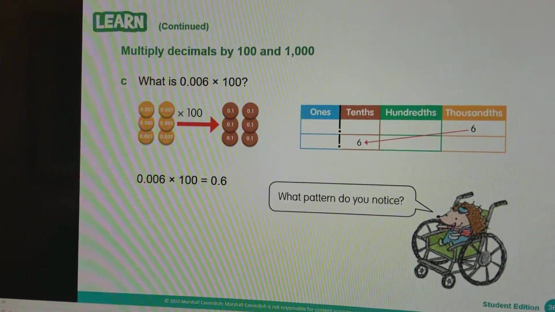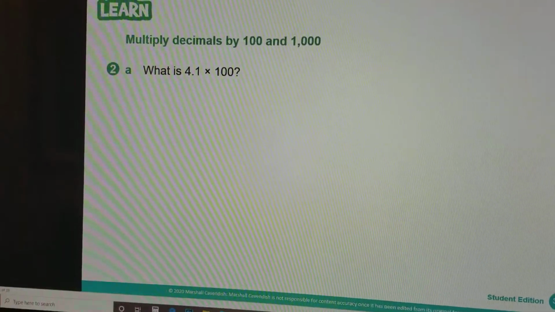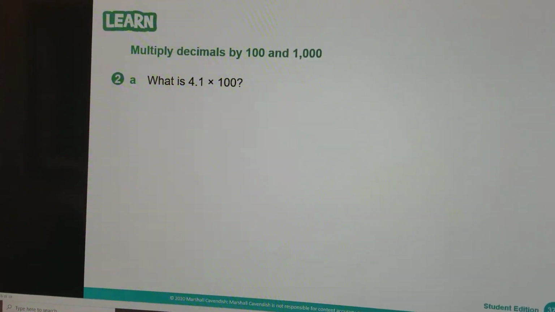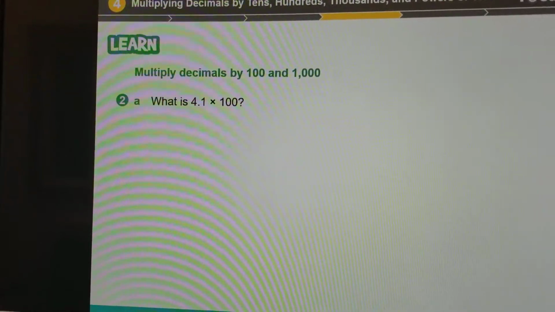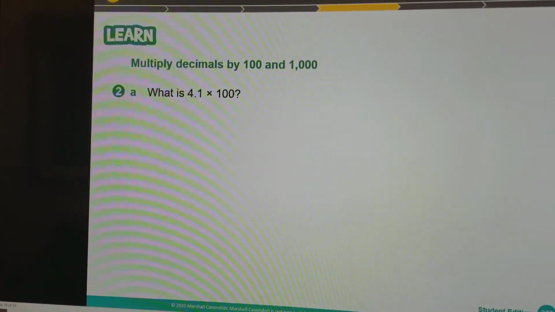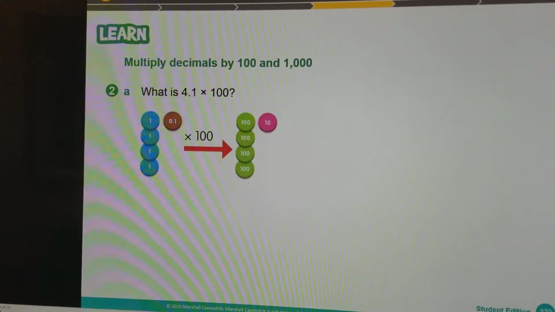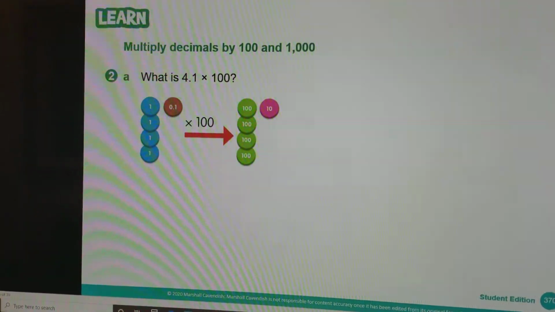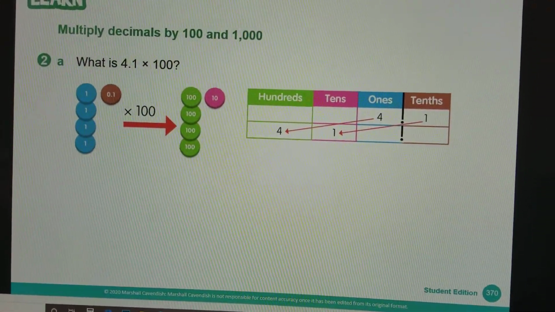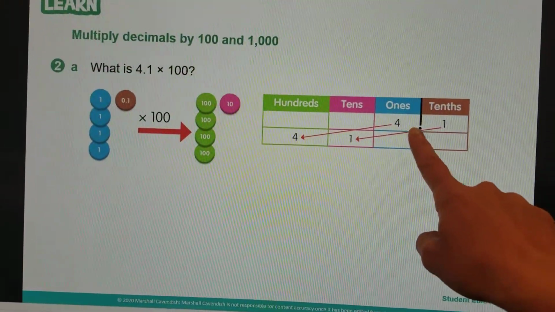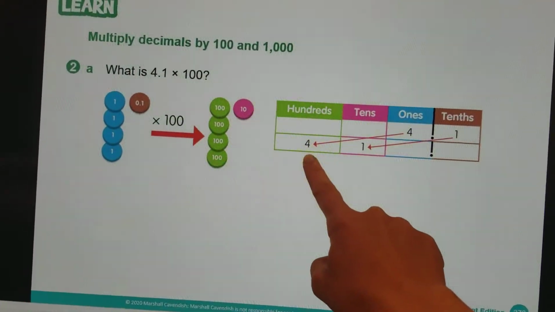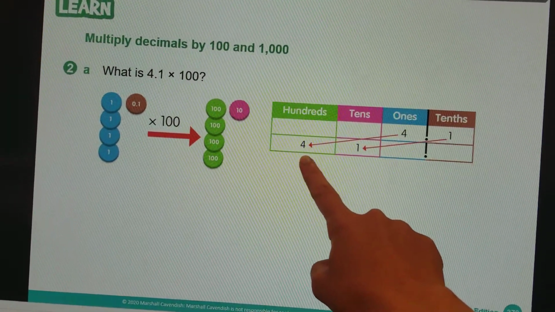We're multiplying times 100. Okay, so the same idea applies if I have 4 times 100, or if I have 4.1 times 100. We're multiplying each part of the decimal by 100, by 10, and then by 10 again. So 4.1 times 10 times 10. Again, let's use that place value chart. It's really helpful. So 4.1. The 4 times 10 times 10 is 400, right?